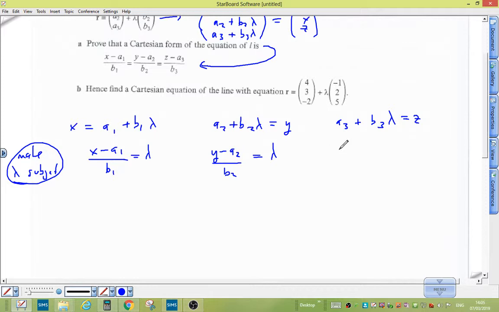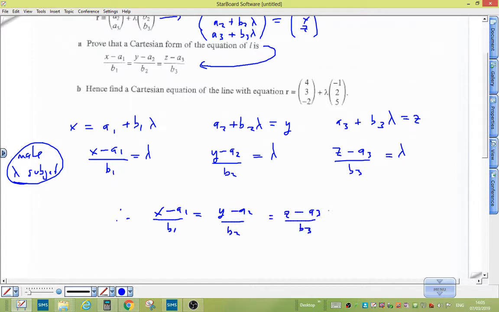And then finally z minus A3 all divided by B3 is equal to your lambda. Because these lambdas are all the same, you can equate all these. So therefore, x minus A1 over B1 must be equal to y minus A2 all over B2, which is equal to z minus A3 over B3.